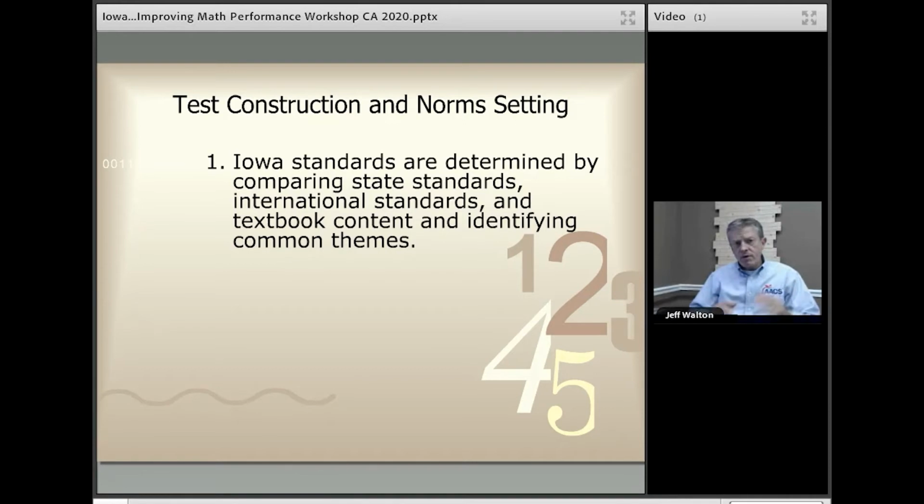And then having mapped all those out, then they look for the common threads, the things that are commonly taught in various states and across textbooks, and those become the standards for the creation of the Iowa assessment for that grade and that discipline.